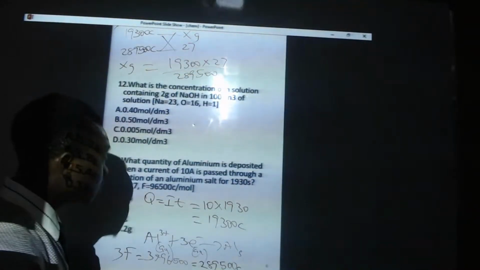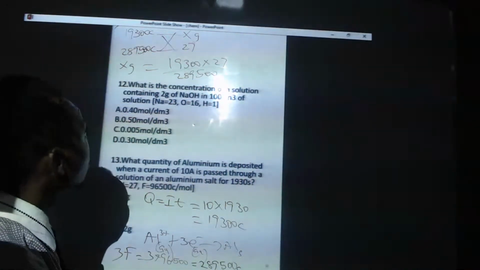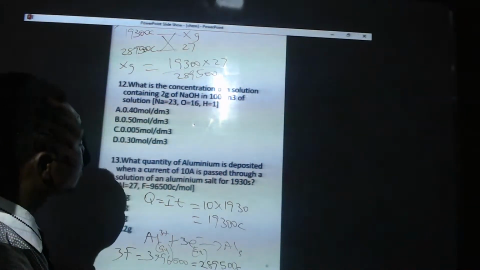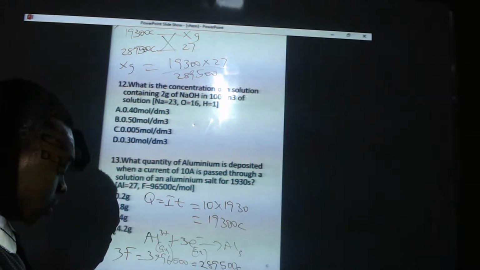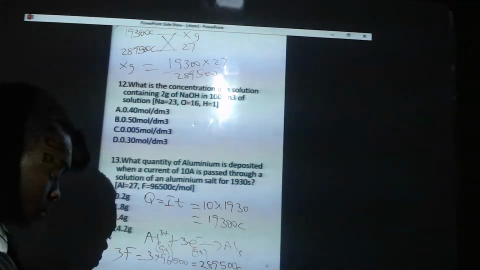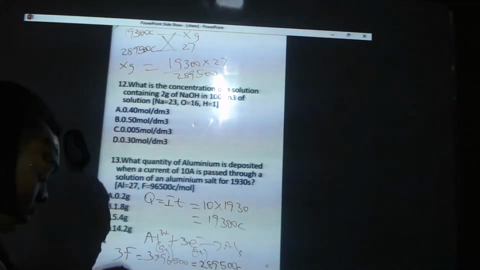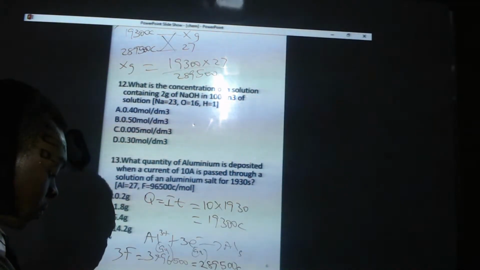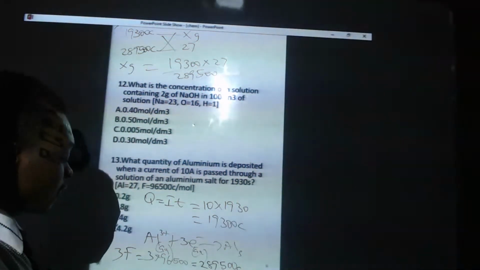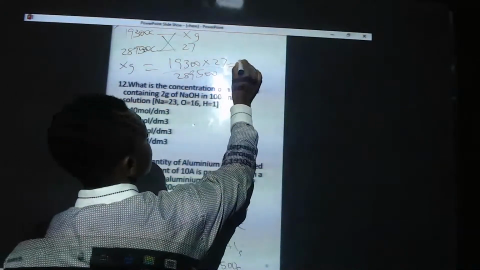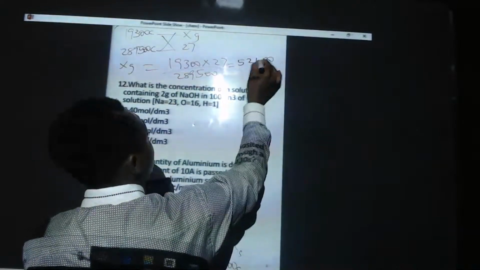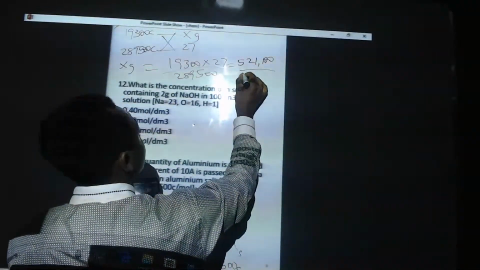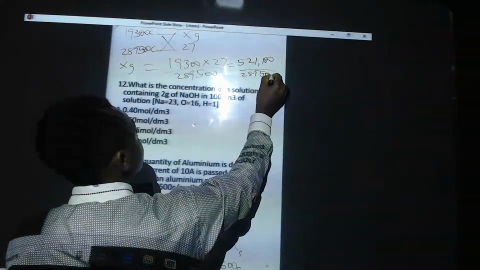Okay, so now this will be 19,300 times 27. This will give you 521,100. So this is 521,100 all divided by 289,500.